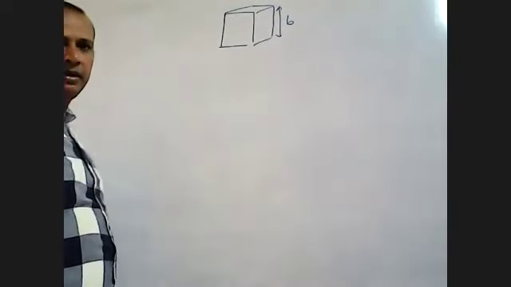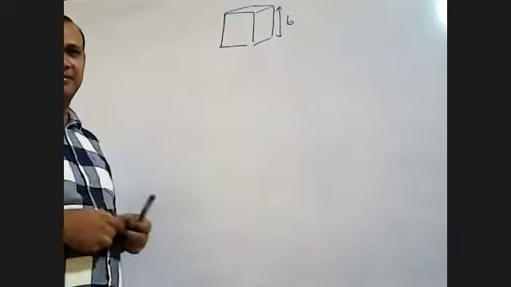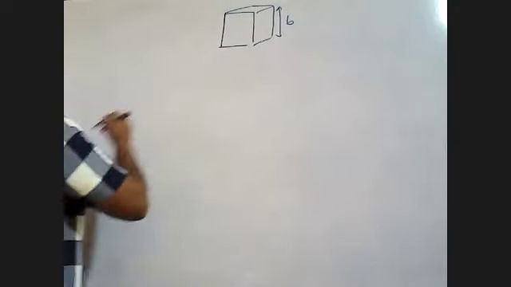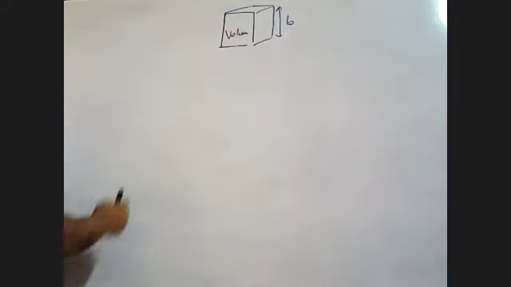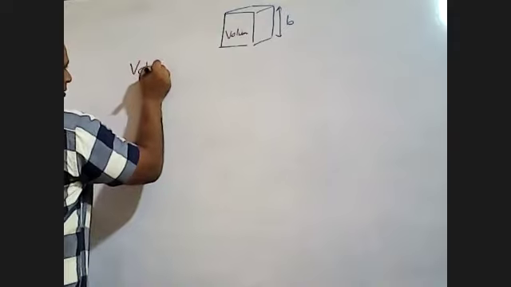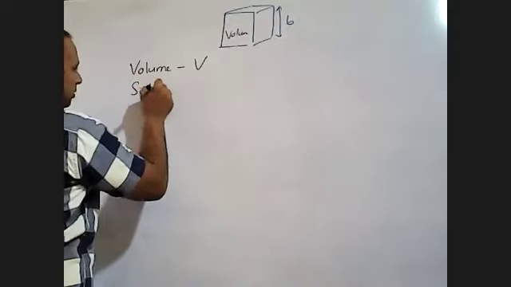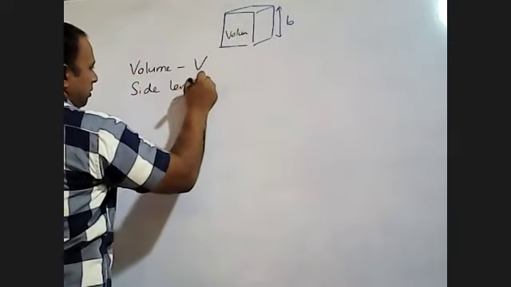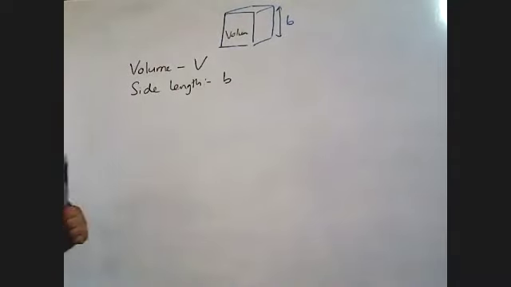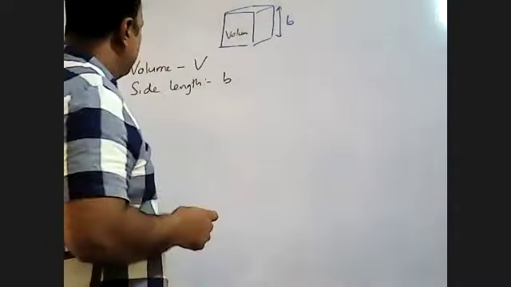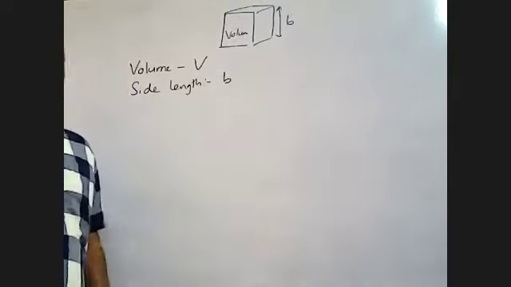Suppose volume is V and side length is B. You need to determine an equation between these two variables. So what is the first step?